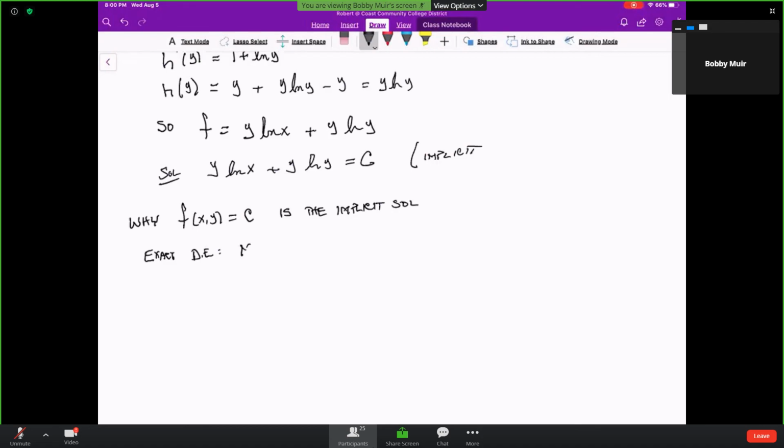And then it's going to be an m dx plus n dy equals 0. So we write it as a differential equation like we would normally see, equaling 0. And then what he recognizes is that m is the partial derivative of f with respect to x.